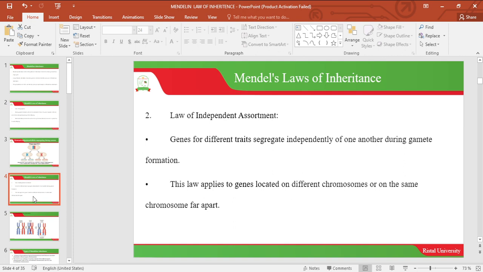This law applies to genes located on different chromosomes or on the same chromosome far apart. When we talk of genes for different traits segregating, different traits could mean genes that portray the size of the individual, the color, the height.